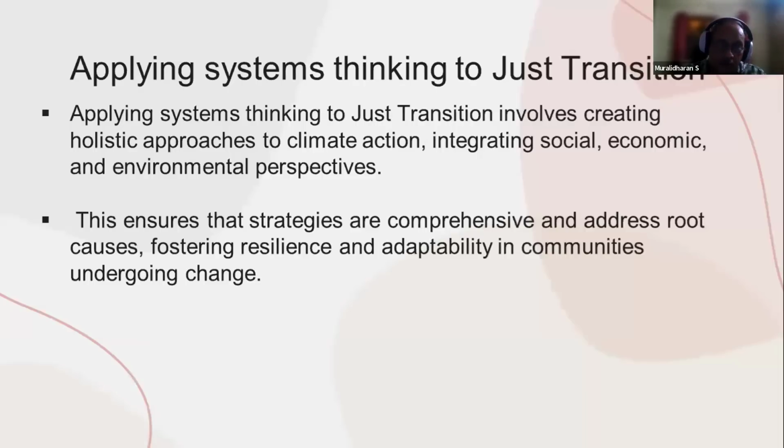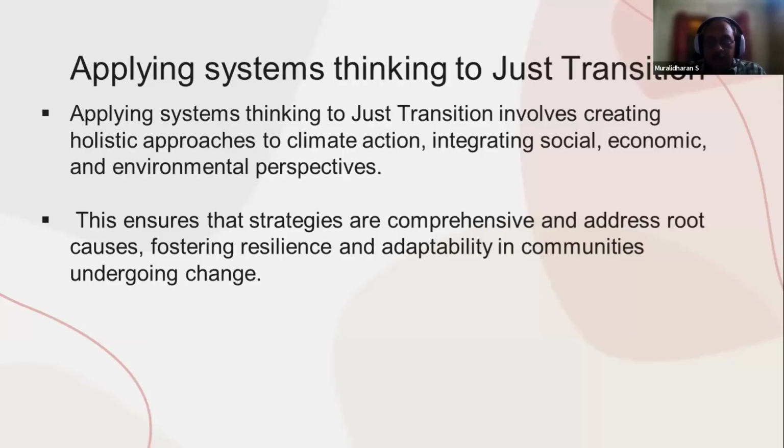So how do we apply the thinking of just transition? System thinking and just transition involves creation of a holistic approach for climate action. So education and sensitization is a must for people to understand that this is a crisis which has to be addressed effectively.